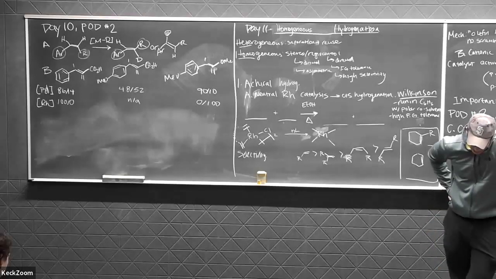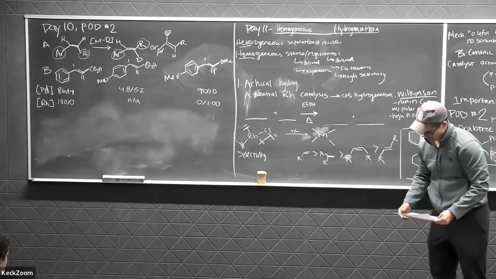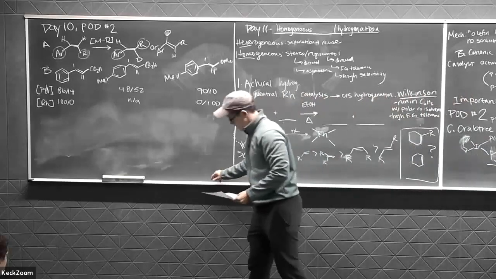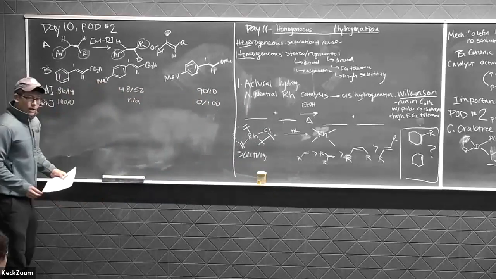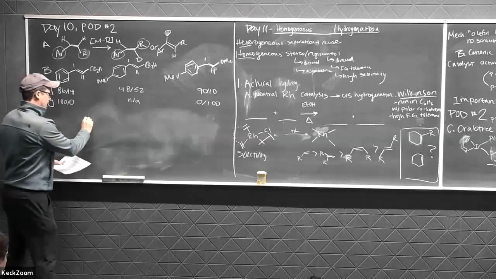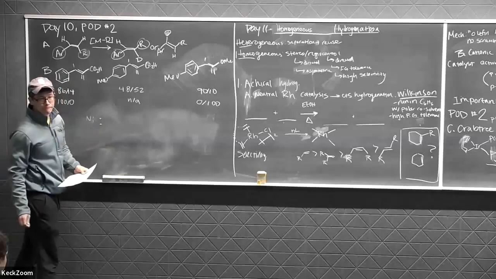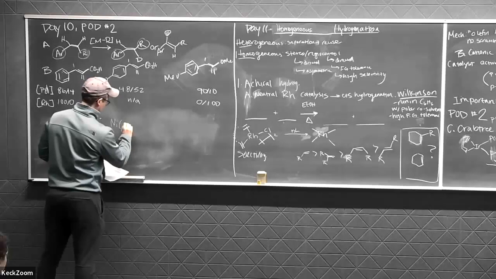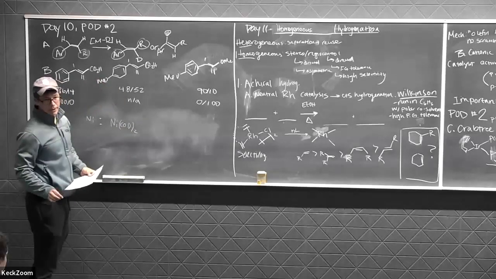Okay, so let's think this one through together. If there are any abbreviations that people throw out that are not common, I'll jot these down and then erase it. So Wendy, what did you think here? In terms of nickel precatalysts, let's start us off. I'm guessing Ni(COD)2. Okay, Ni(COD)2. What else?